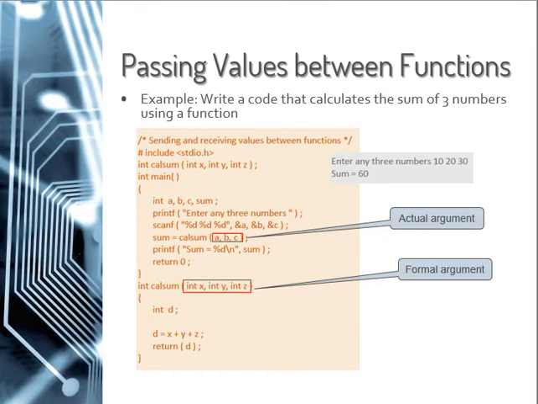You can use a different variable name if you want, but usually, for good programming practice, especially if the value does not change inside the function, you write the formal argument's variable name the same as the actual argument's variable name so you don't get confused, no?